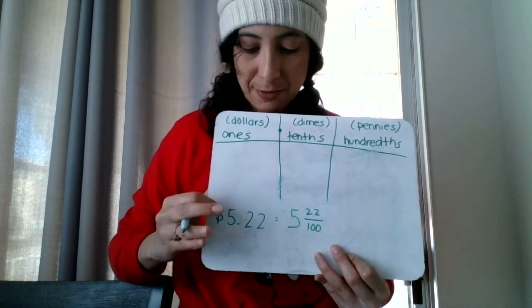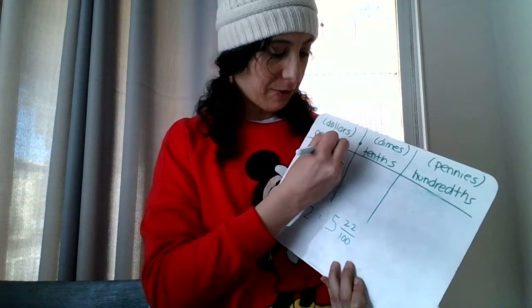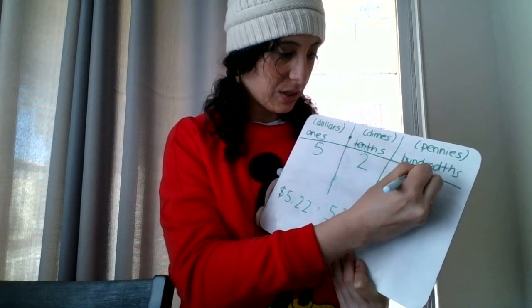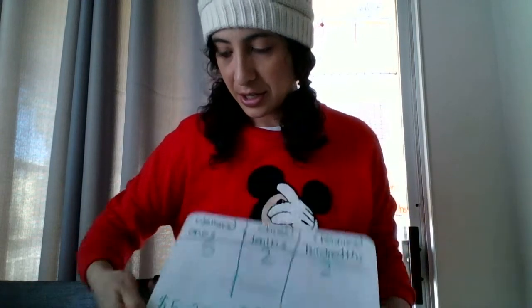Now, that's $5.22. So you should figure that 5 would go under the dollars and then 22. Okay. I can show you here how to make 22 with these coins. I have 2 dimes, that's 10 and 10, so 10, 20. Okay. And then I have 2 pennies. 1, 2. So 22.